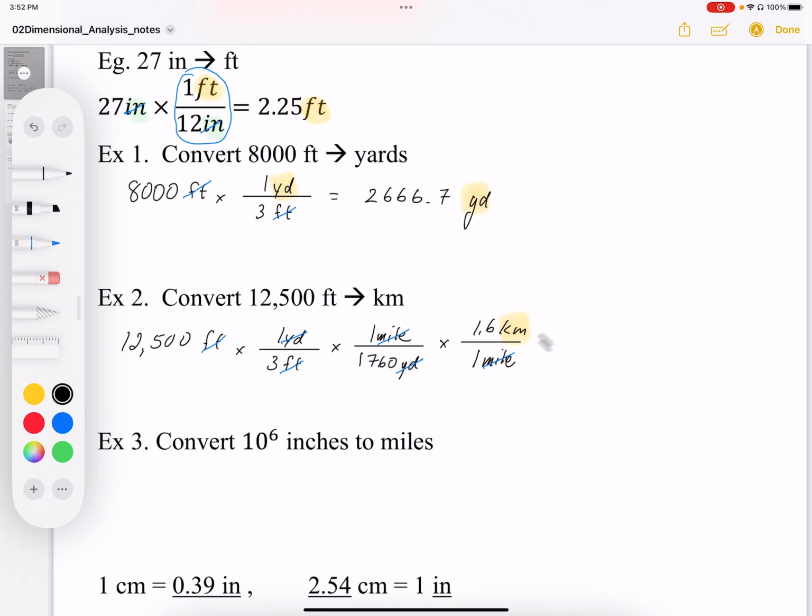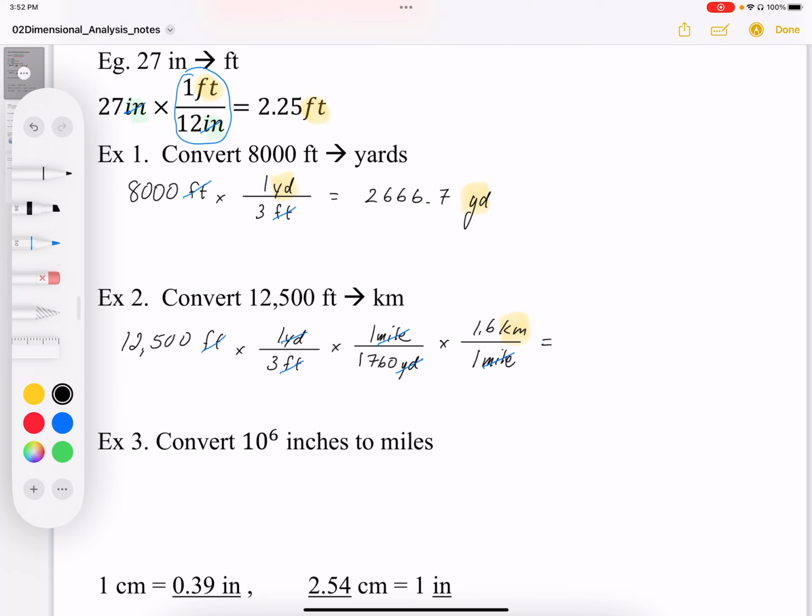So my answer then is equal to, okay, so everything on top is times, everything on the bottom is divide. So on my calculator, I'm going to do 12,500 times 1 times 1 times 1.6 on top, and then divide by 3, divide by 1,760, and then divide by the 1 mile.